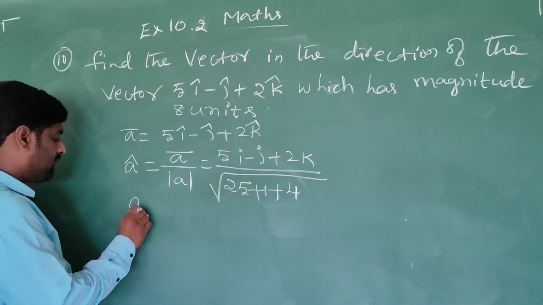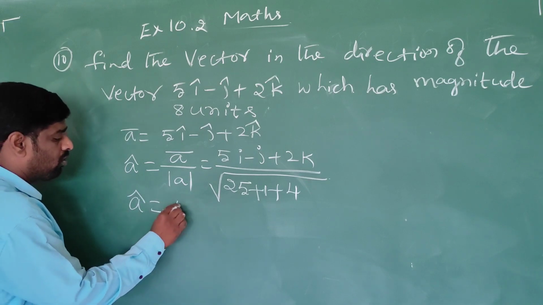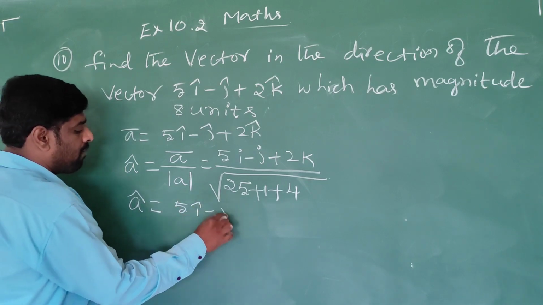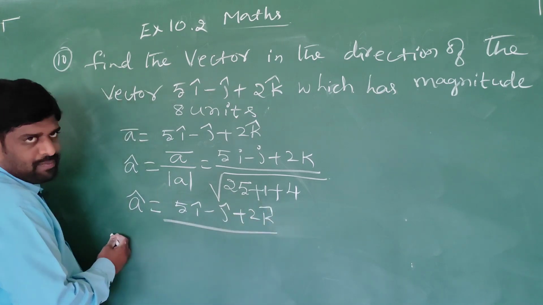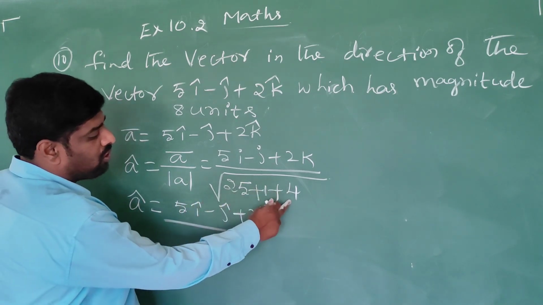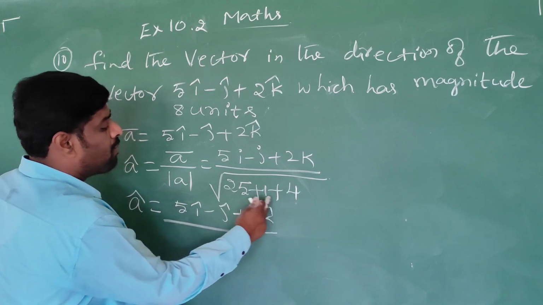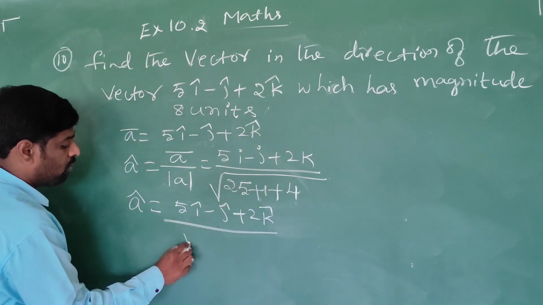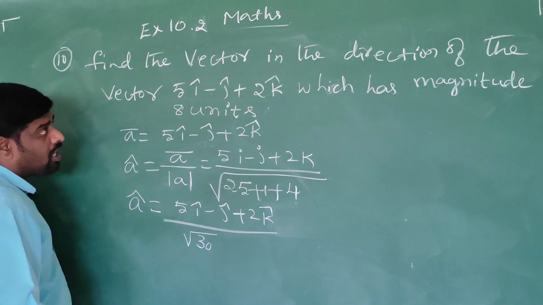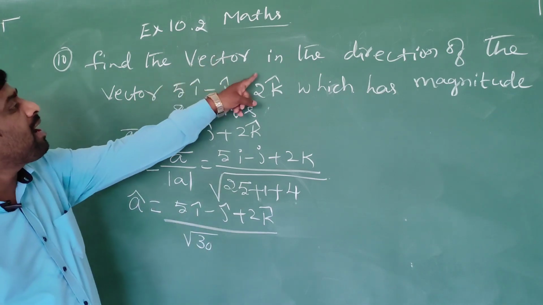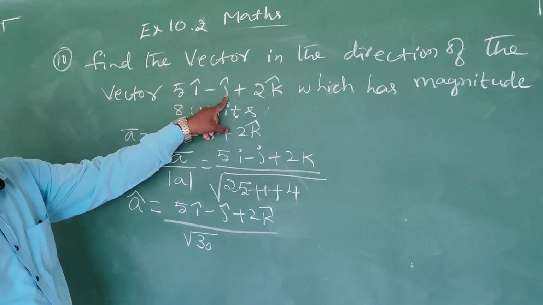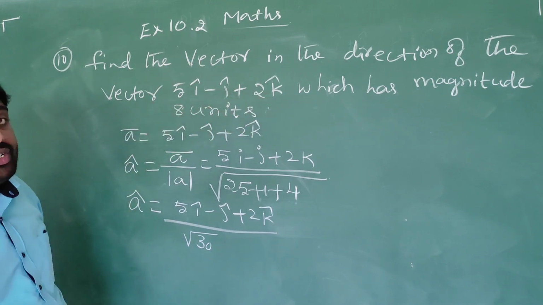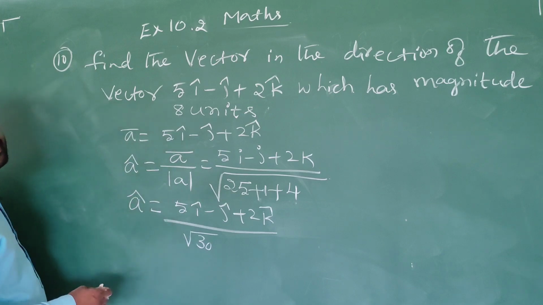That is a cap equal to 5i cap minus j cap plus 2k cap divided by root of 25 plus 4 is 29, 29 plus 1 is 30, root 30. Now this is the unit vector in the direction of the vector.